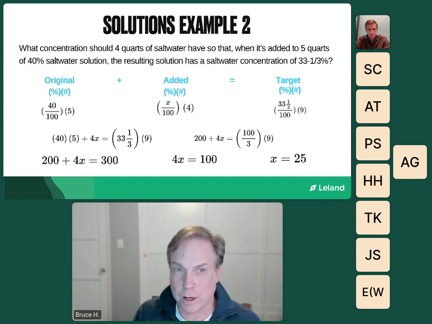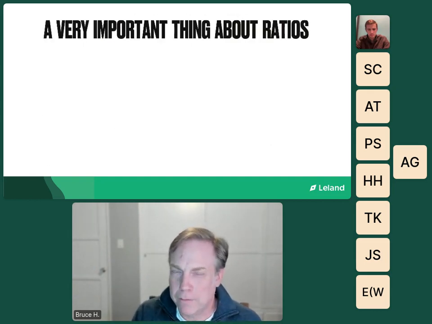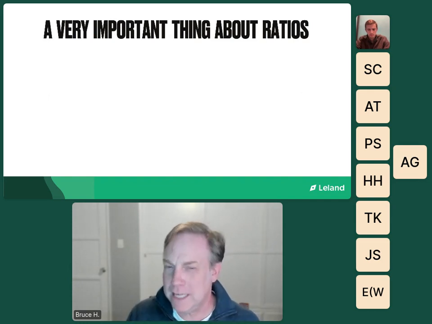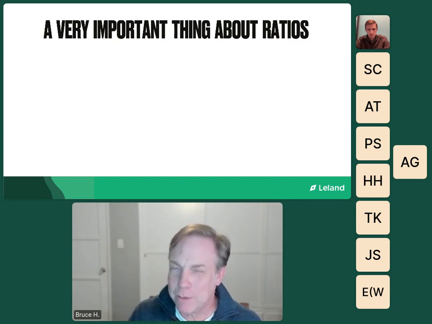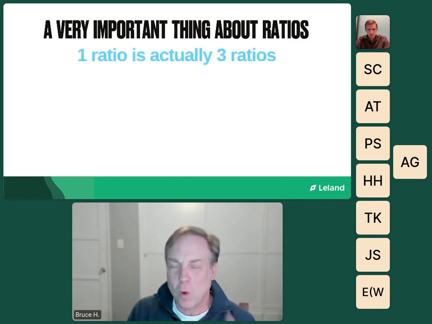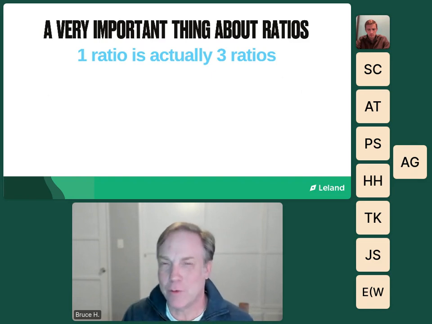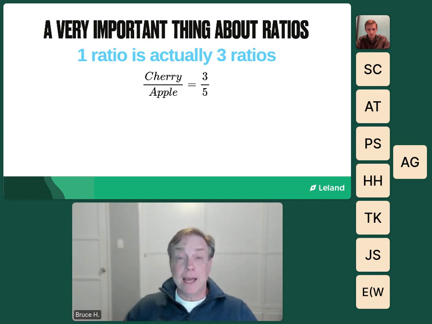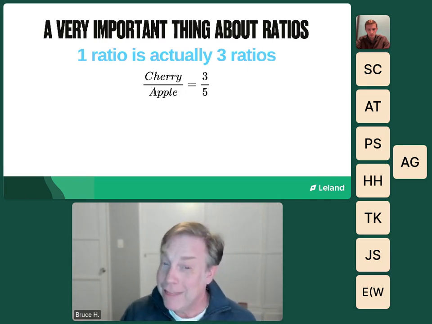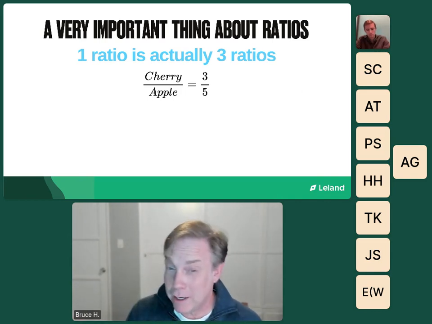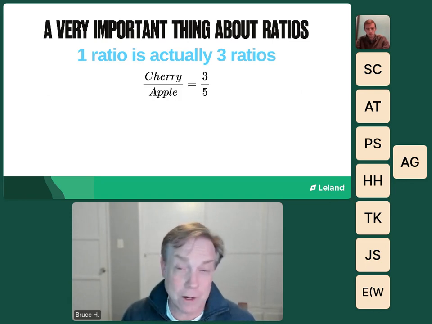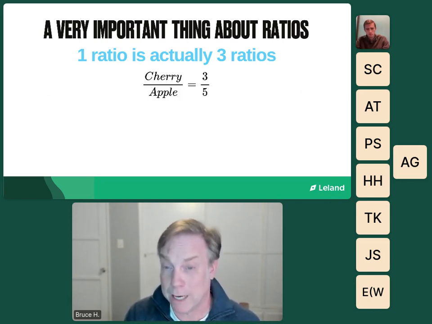how ratios work. So there's a very, very important thing here about ratios, and it's actually, while it can be sneaky, it's actually going to be a good friend, and this is why. So 1 ratio is actually 3 ratios, and it works like this. So let's say that in a certain pie contest, there were cherry and apple pies entered into the contest in the ratio of 3 cherry pies to every 5 apple pies.